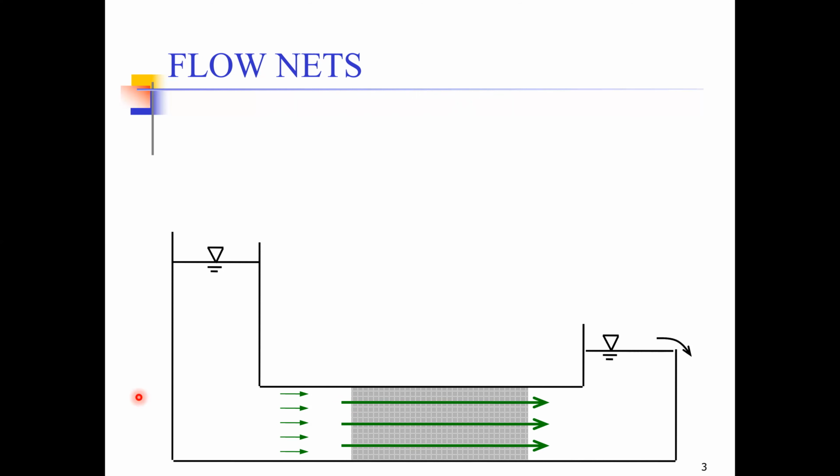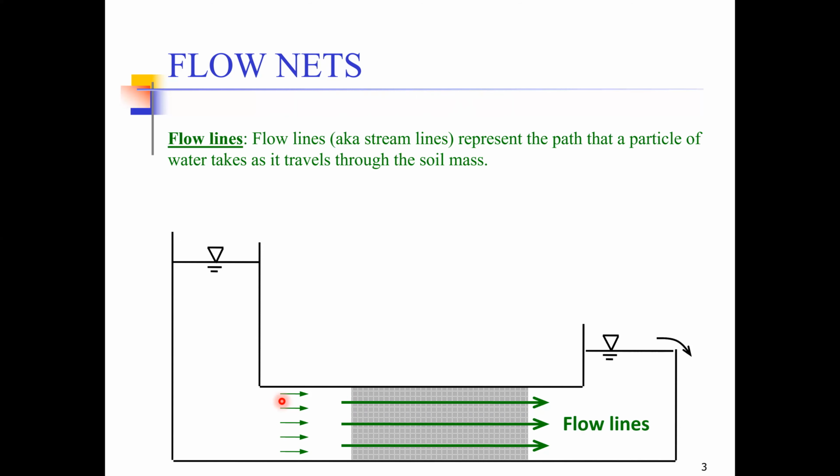So these lines which I have represented here, which represent the flow path of water particles while moving through the soil, are called flow lines. So what are flow lines? Flow lines are the lines which represent the flow path of water particles through the soil.